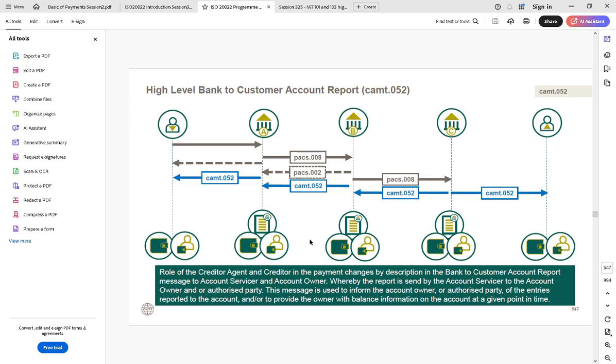We will see in the coming session what the use cases are. But in a nutshell, this has two: account statement and balance information. So I believe they have mentioned this as a statement, and here it is statement and balance information together. So what exactly they want to mean here, we'll see in coming slides.